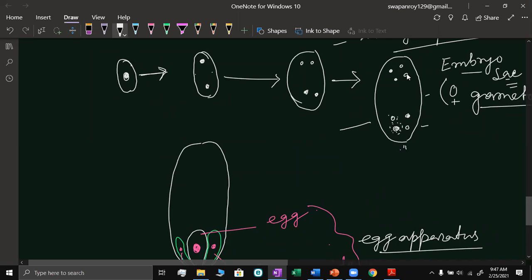And 3 nuclei from the chalazal end, they also form cells, and they form a group of 3 cells.